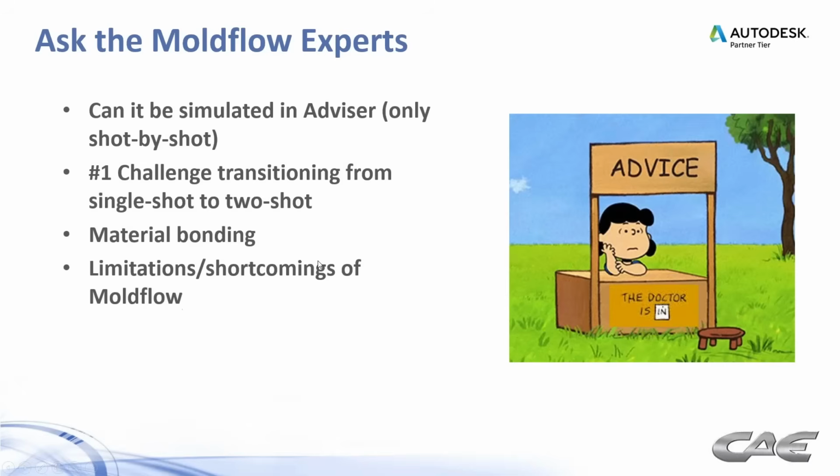Limitations and shortcomings of Moldflow, I would say the biggest one is being able to include cooling, which we certainly can do, but that technology is still maturing. It's getting better, and we have more tools at our disposal than we had before. As Moldflow continues to mature in that world, it really boils down to the modeling of it, and getting good feedback and good data to know whether or not that really is a shortcoming anymore.